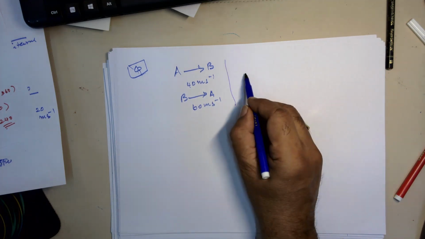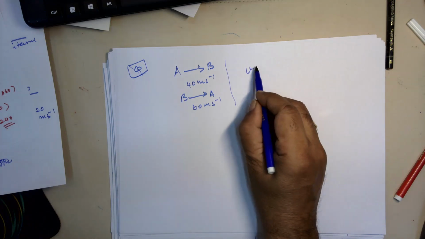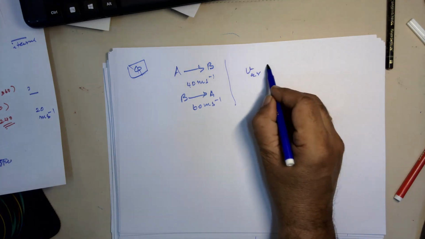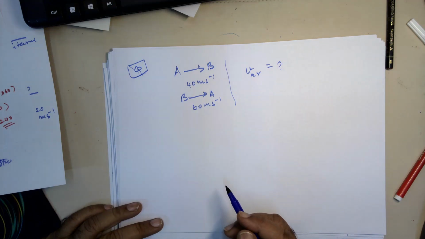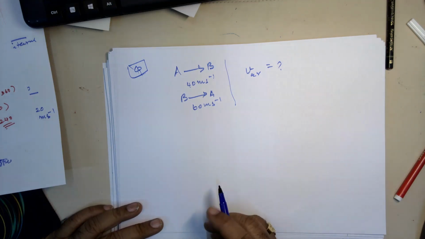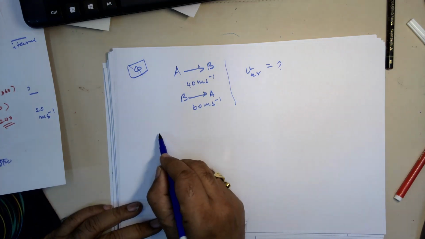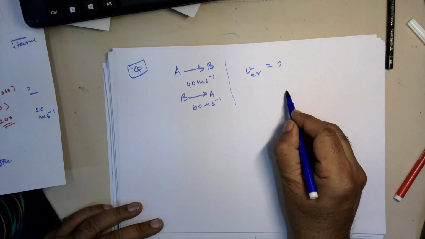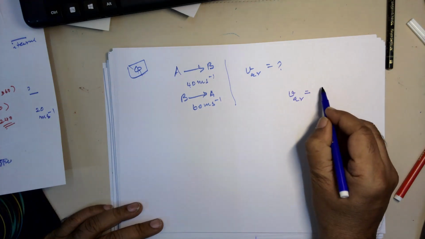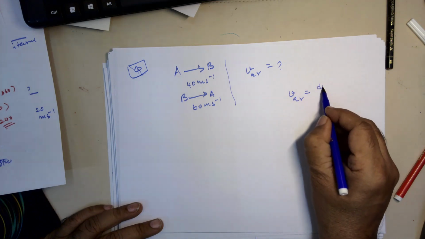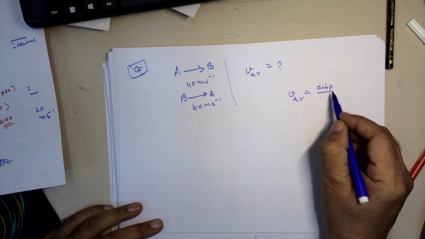Calculate the average velocity. How to go about it? What is the formula to be used here? Average velocity is equal to net displacement divided by time interval.